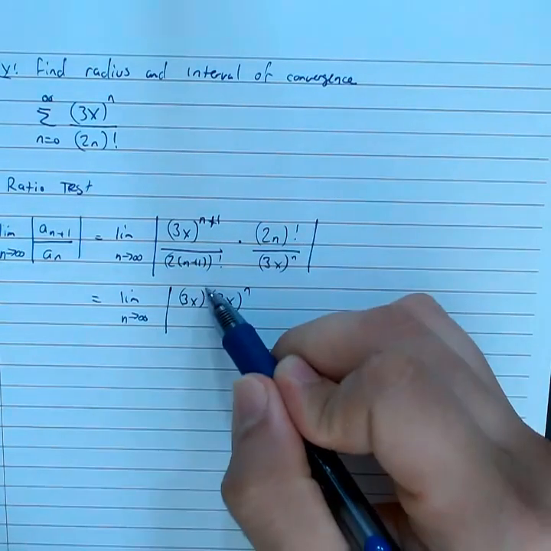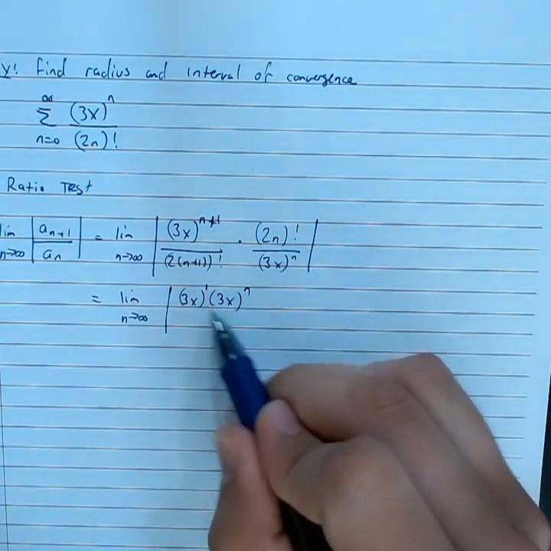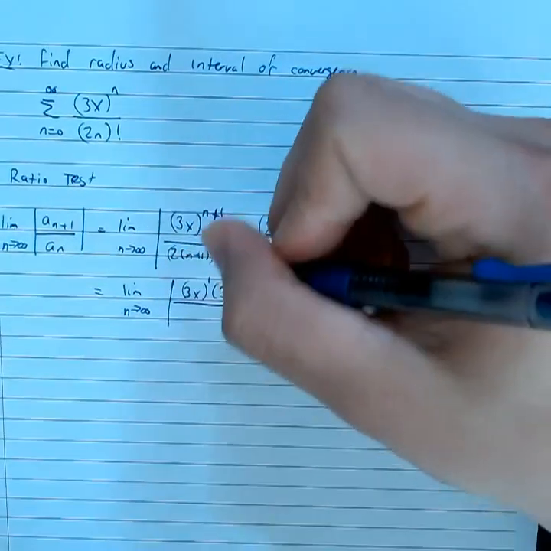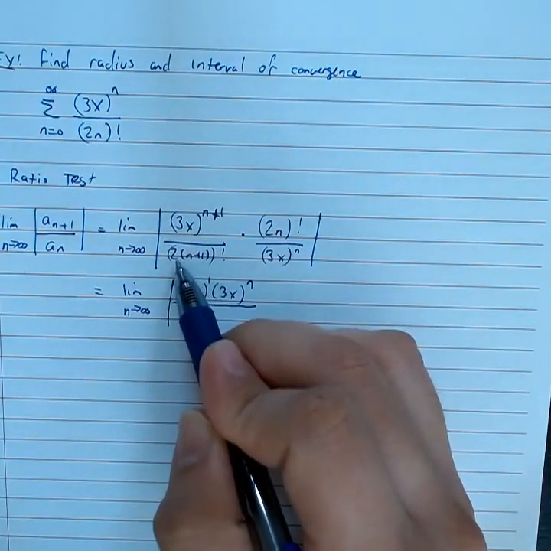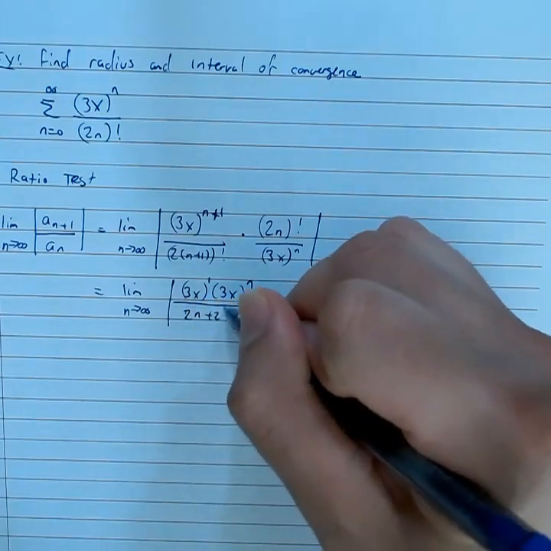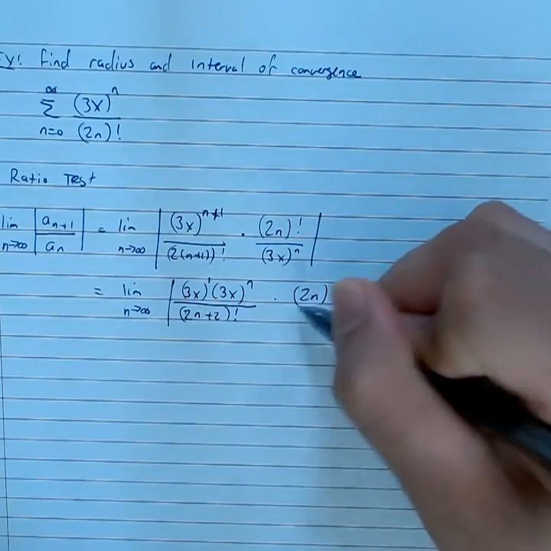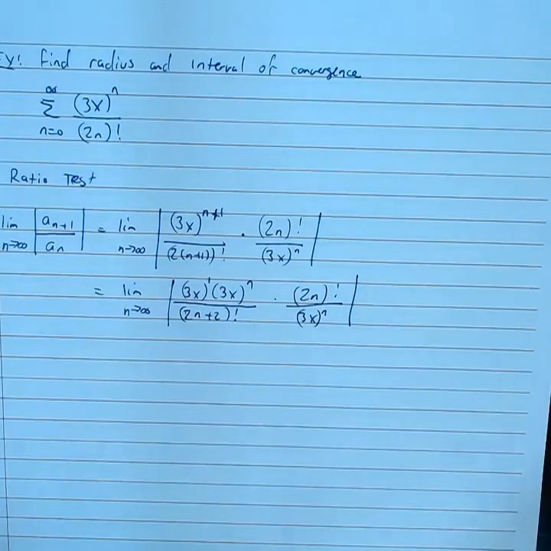After all, 3x to the power 1 times 3x to the power n is 3x to the power n plus 1, over, here, 2n plus 1 here, that will distribute, so that will be 2n plus 2 factorial, times 2n factorial over 3x to the power n, like that.